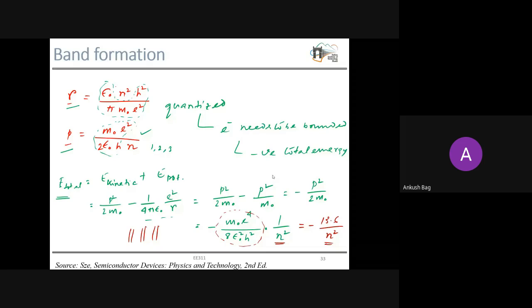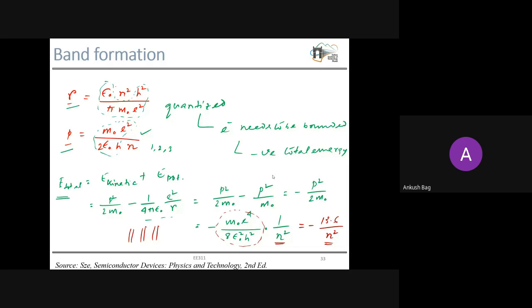That means to have bounded electrons within this hydrogen atom, the radius of the orbit, the momentum of this electron, as well as the total energy of the electron has to be quantized.